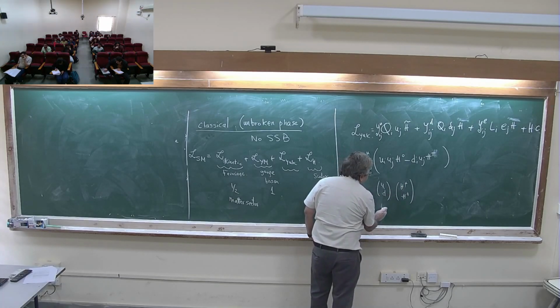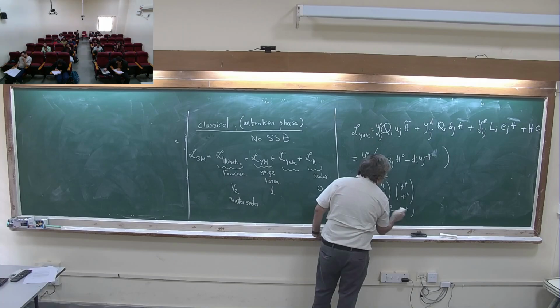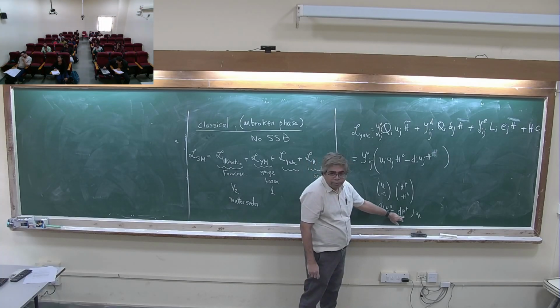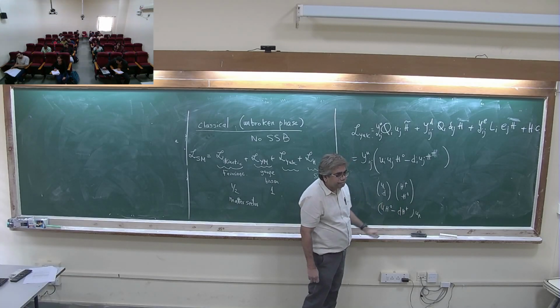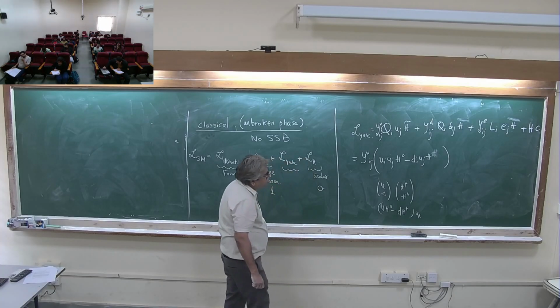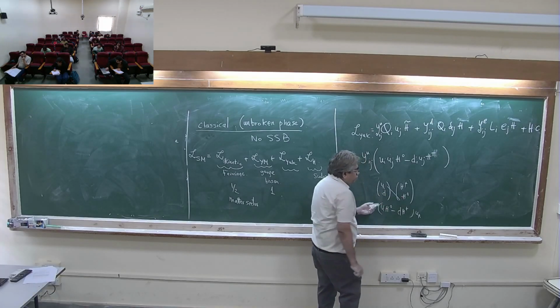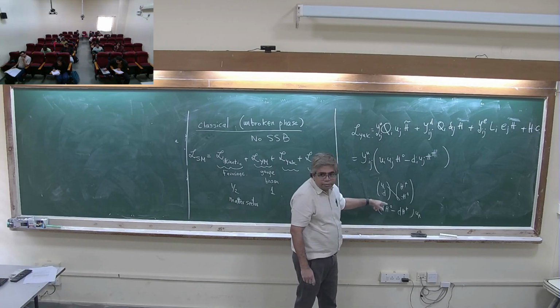So you take u h0 minus d h plus, and then you have the right-hand part. This gives you the Dirac term for the mass, and this gives you the Higgs interaction. So this is the way you multiply this with this, multiply this with this, and that gives you this.